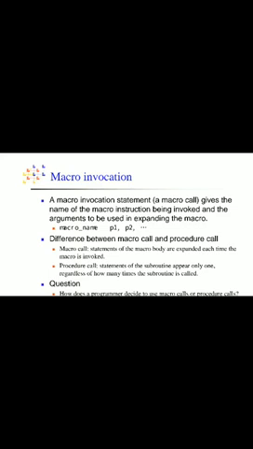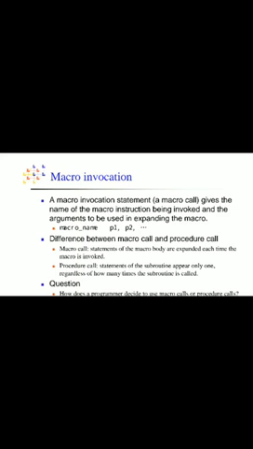Here is another important point: there is a small difference between a macro and a procedure, even though they perform a similar task. A macro is going to be expanded wherever you call it. Each time you call, it is going to be expanded, which means the whole code is substituted there.